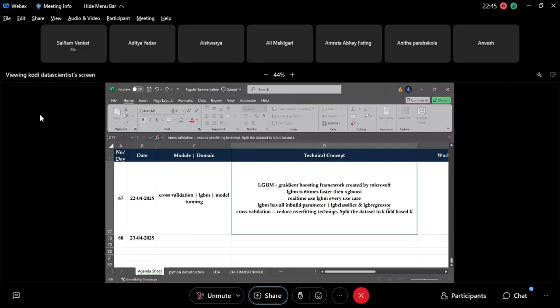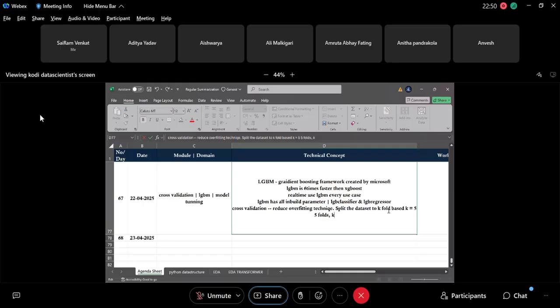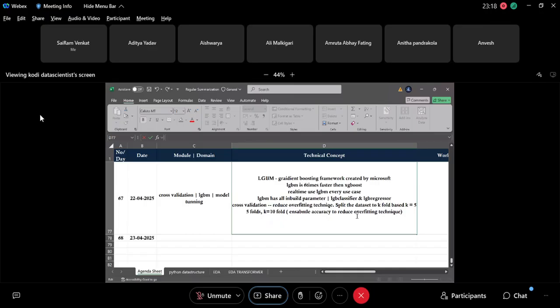If k equals 5, that means we make 5 folds. If k equals 10, then we make 10 folds. And then we ensemble the accuracies to reduce overfitting. Are you clear? Great. This one is done.